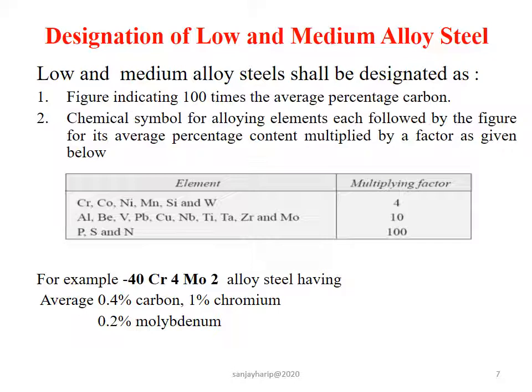Alloying element multiplication factor is shown on the table. For chromium, it is 4. When chromium has multiplication factor 4, therefore 1% chromium is present in the alloy. Similarly, molybdenum has multiplication factor 10, so 0.2% molybdenum is present in this alloy steel.